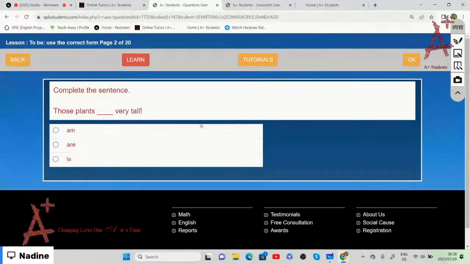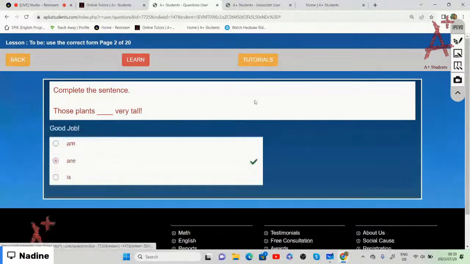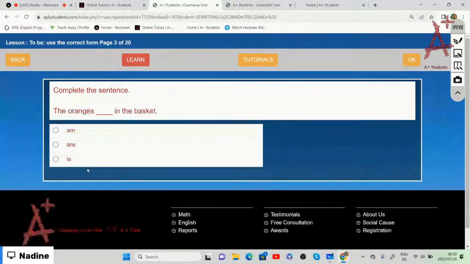So we either have am, then we have are, so we're going to say it is are. So those plants are very tall, and remember we said that are refers to more than one person, animal, place, or thing.